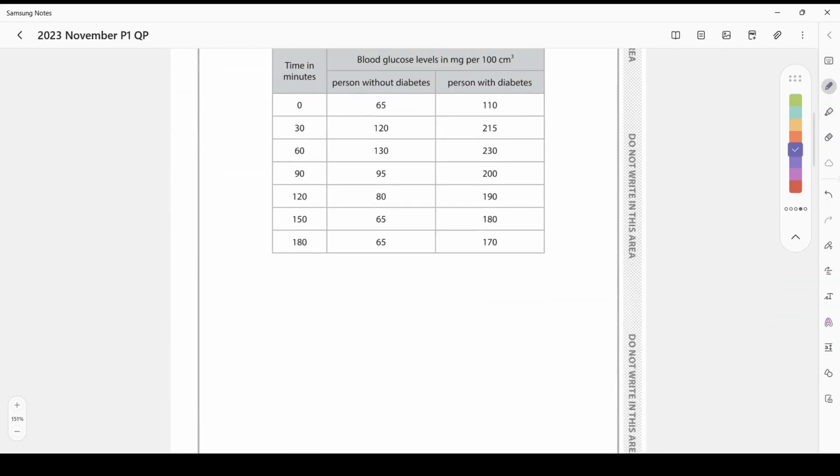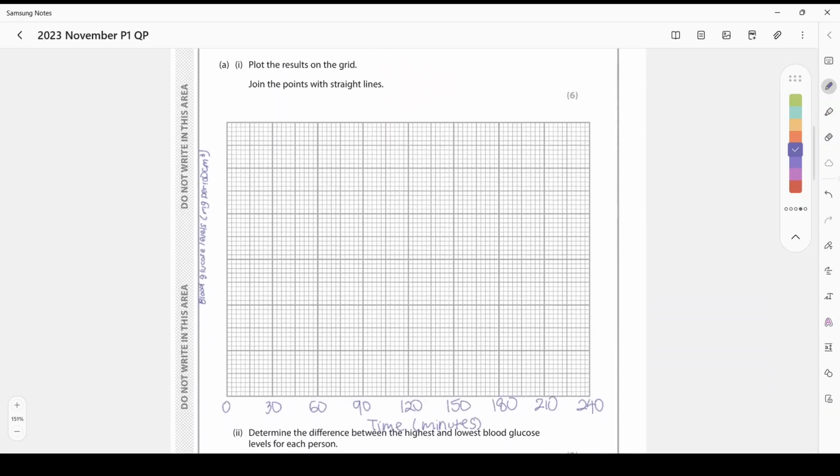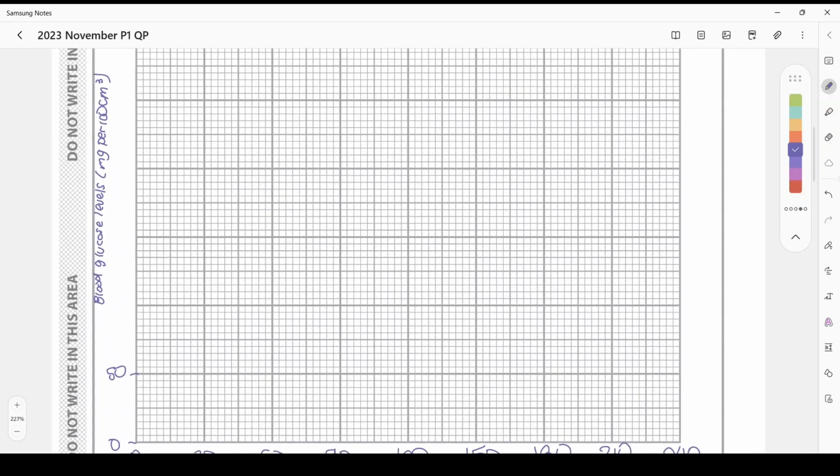Now, the highest number that we have over here is 230. So let's try and fit that in the graph. I think we can go up in 50s. So this will be 0. This is 50. I'm just going to draw this a little closer. This is 100.